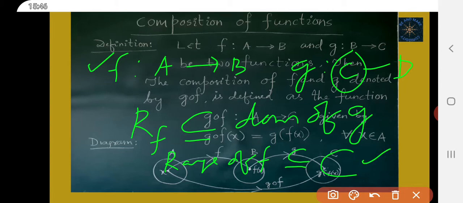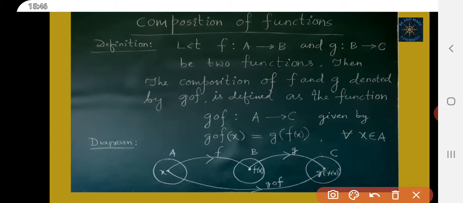Then only we can find the composition of two functions f and g. Okay, here you see the function f is mapping from A to B and g is mapping from B to C. So here the condition is satisfied, so we can find the composition of f and g.